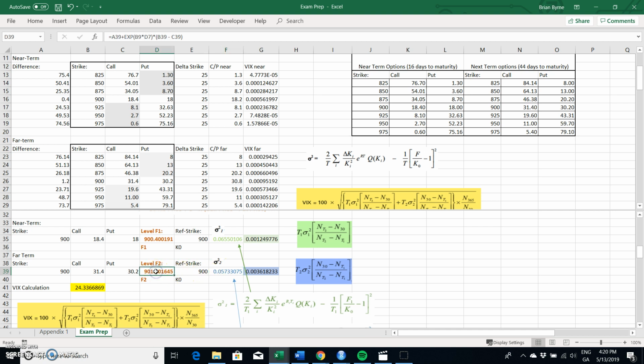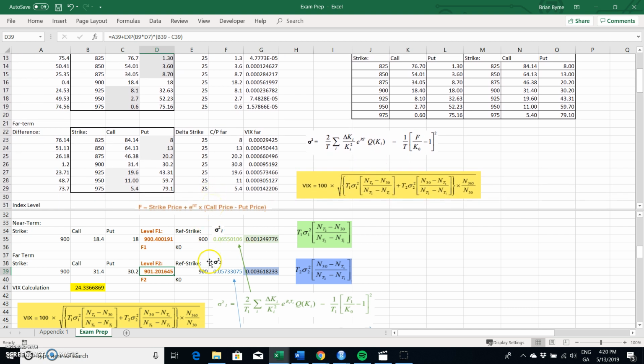We have to estimate F2, the second F, in terms of this estimate being performed the second time. We have to use the second set of chain data to get this sigma squared subscript 2, and again we go through the same process, identify the exercise with the smallest difference between the corresponding call and put.